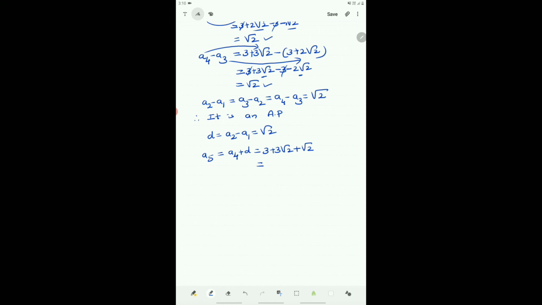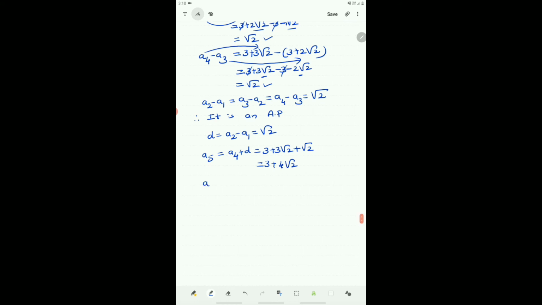Then that is equal to, you write 3 as it is, 3 plus, these two are like terms, 3 root 2 plus 1 root 2, 3 plus 1 is 4, 4 root 2. So the fifth term is 3 plus 4 root 2.